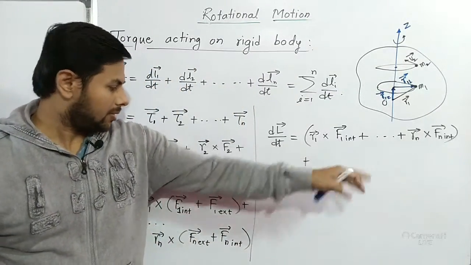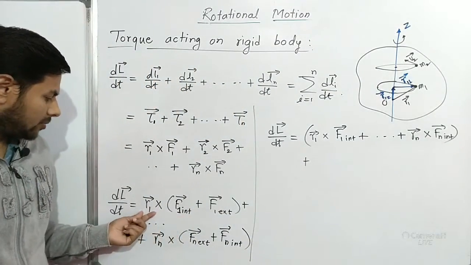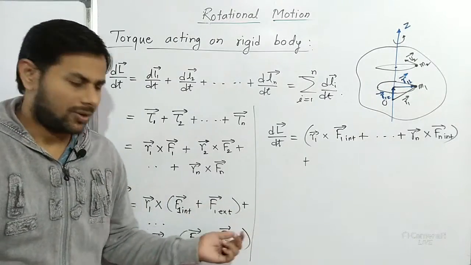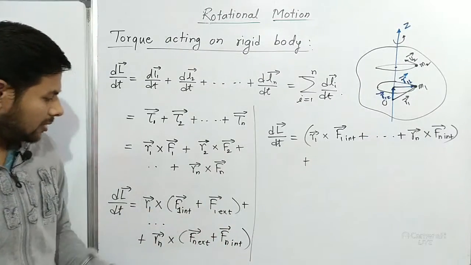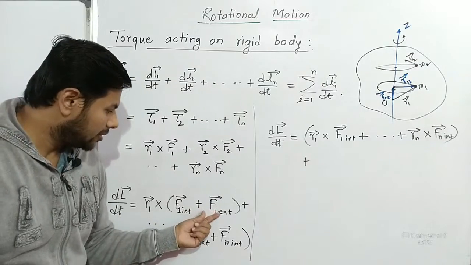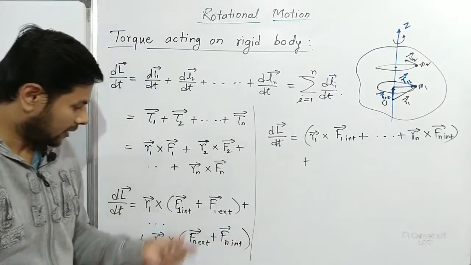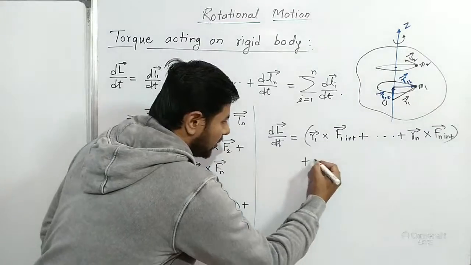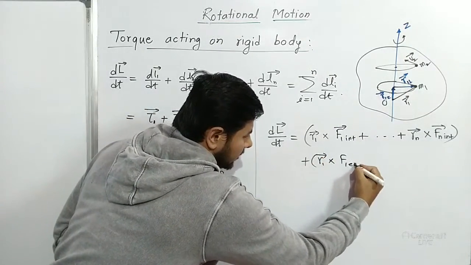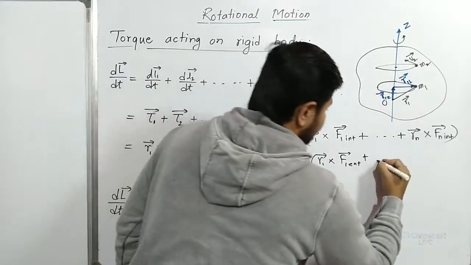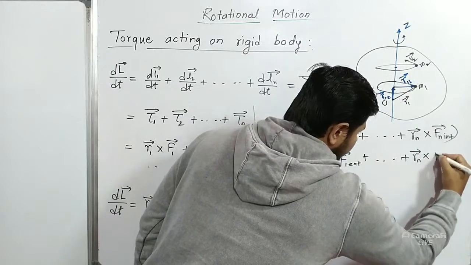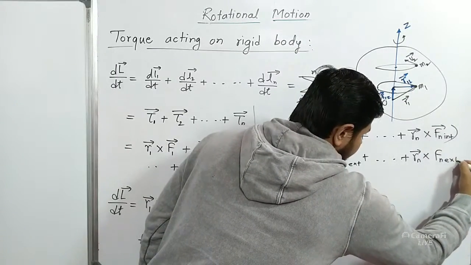So I have taken the cross product of R1 bar with the first term, in all these terms. Next, what is left there? It is R1 bar cross F1 external and so on and so forth. So we have plus R1 bar crossed with F1 external plus so on and so forth up to plus Rn bar crossed with Fn external.